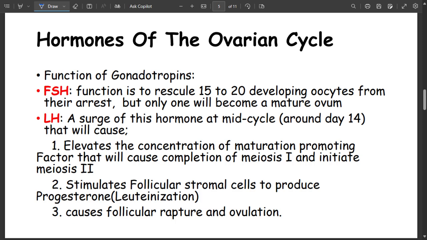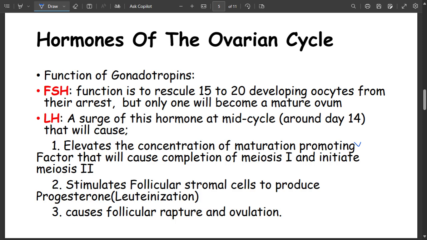And for luteinizing hormone, on the other hand, we have this hormone having a surge, or the concentration of this hormone is very high mid-cycle, that is around day 14. And what is it going to cause? There are about three things which are noted as the function of this hormone. It elevates the concentration of maturation promoting factor.